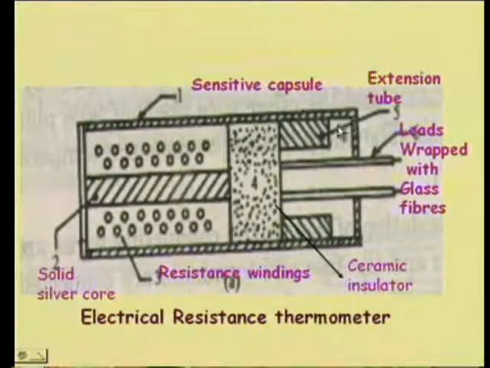These are the extension tubes, and this is the leads wrapped with glass fibers. These leads are connected to a voltmeter or millivoltmeter, so that we can find out the electrical resistance produced. And these two are the extension tubes, because this might be in some other furnace at a distance, so we cannot measure here. In such a case we go for this extension tube.